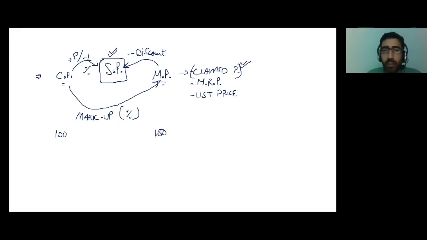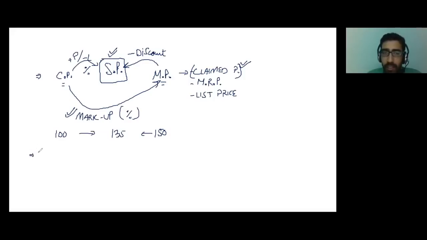This increased my cost price by 50%, which is what markup is. And then given a 10% discount to get the selling price as 135. Is this clear?